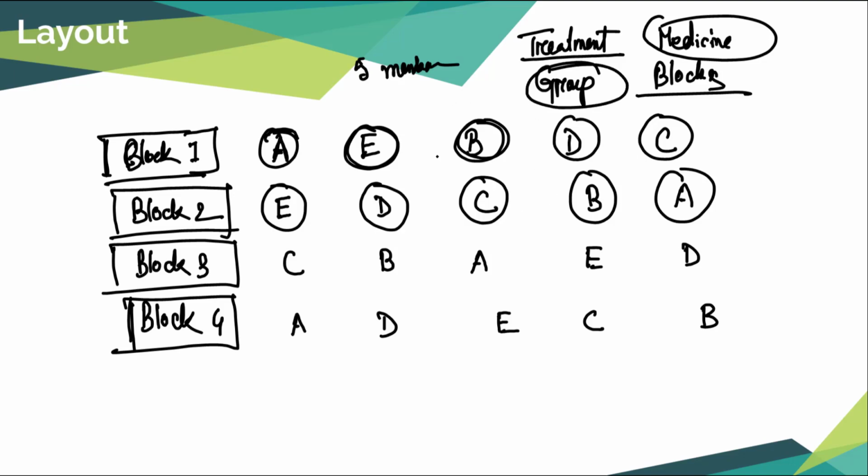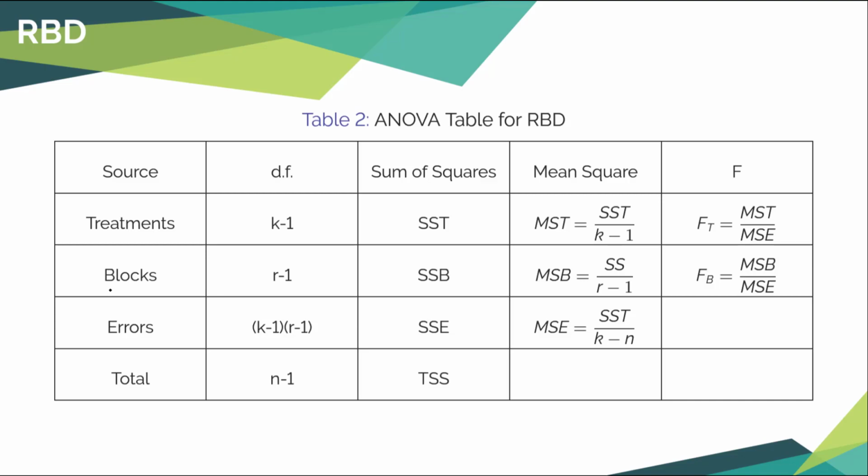In case of CRD, completely randomized design, we were only confined to treatment, right? But in case of RBD, we can check whether the effect of medicines is significantly different or the effect of groups is significantly different or not. That means we can test 2 things simultaneously, right? So the ANOVA table for RBD is, now in this test we have 2 F values, right?